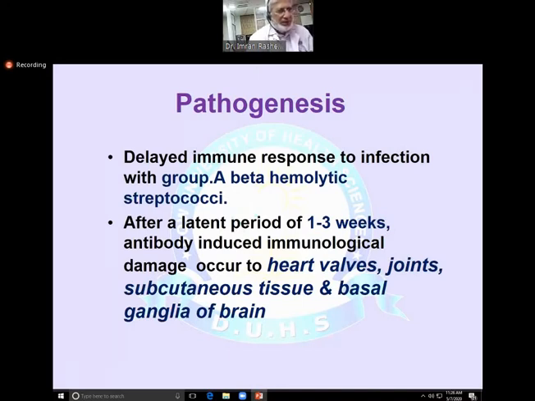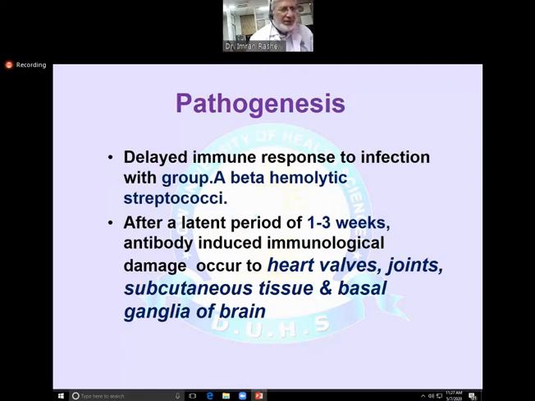The immune system develops antibodies against those antigens, and similar antigens are present in other parts of the body. So those antibodies produced against the bacteria also affect those similar antigens present in different parts of the body, striking and destroying them.